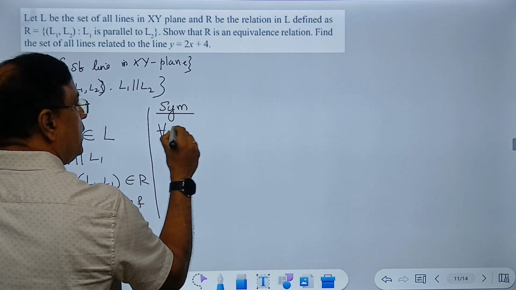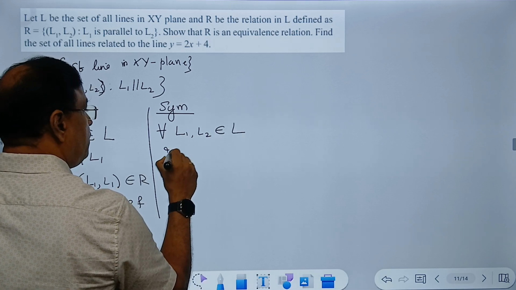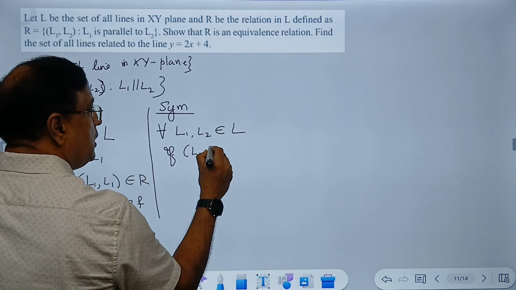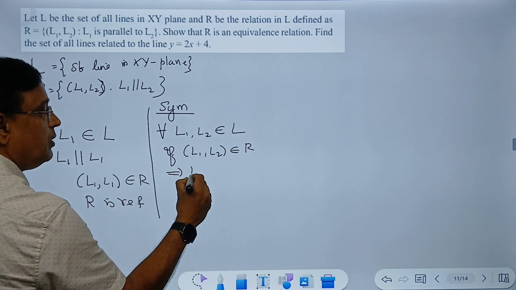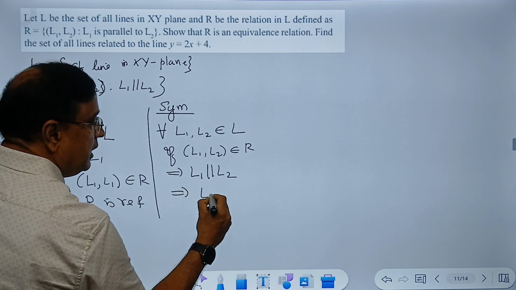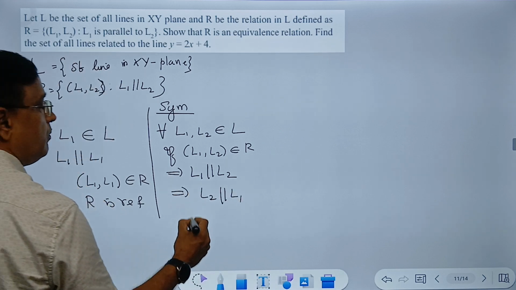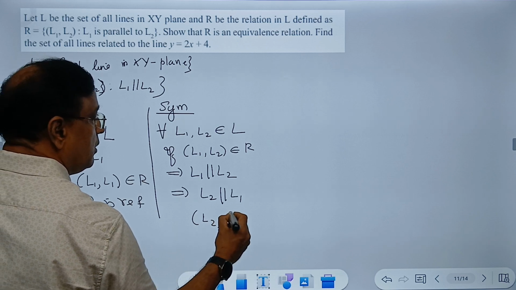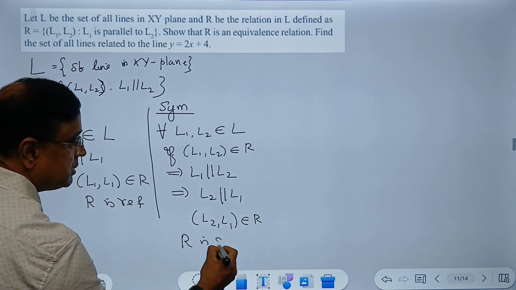For every L1, L2 belongs to L, if (L1, L2) belongs to R, that means L1 is parallel to L2. Obviously, L2 will be parallel to L1. If L2 is parallel to L1, then (L2, L1) belongs to R. Therefore, R is symmetric.